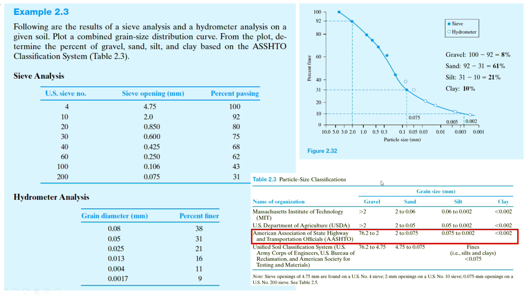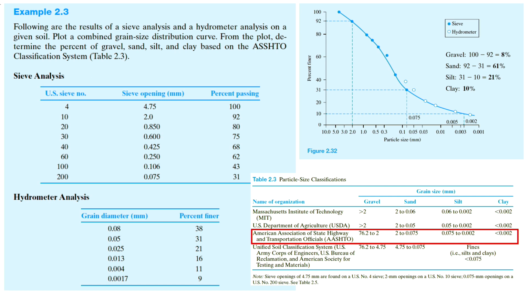So this is what we can do with sieve analysis and hydrometer analysis. Finally, from the particle size distribution curve, we can determine D10, D30, and D60, then based on these values get Cu and Cc, and then based on Cu and Cc define whether a soil is well graded or gap graded.